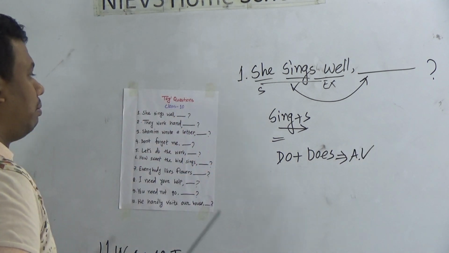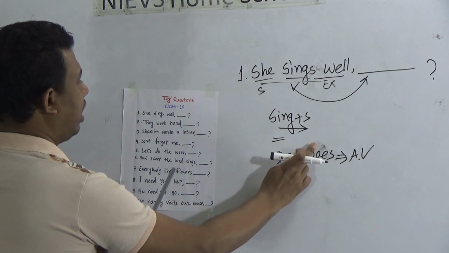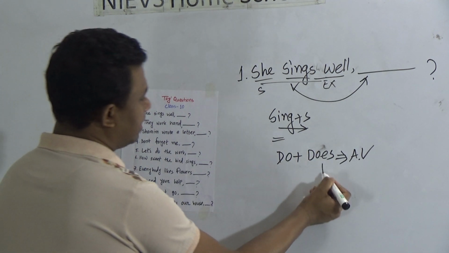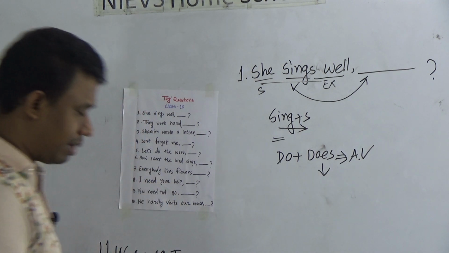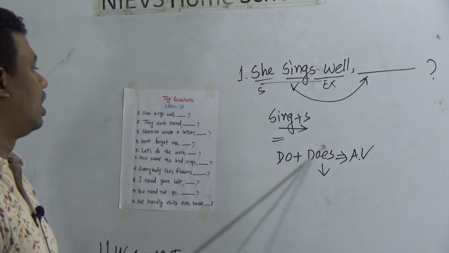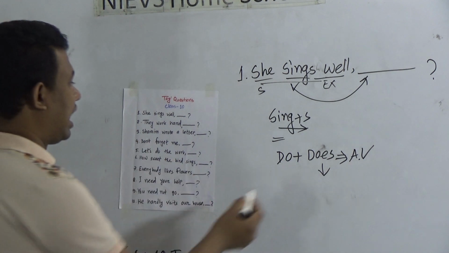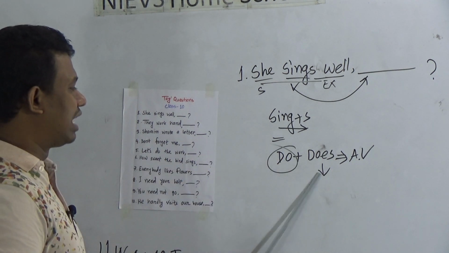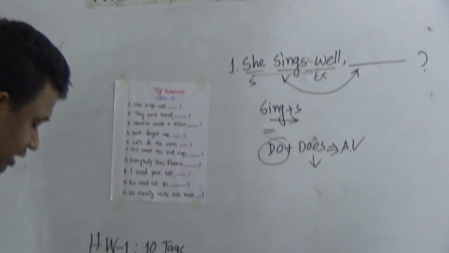Okay, now a question may arise: when do we use do and when do we use does? When the subject is third person singular number, in that case we have to use does, and for all other cases we have to use do. So what are the third person singular numbers?